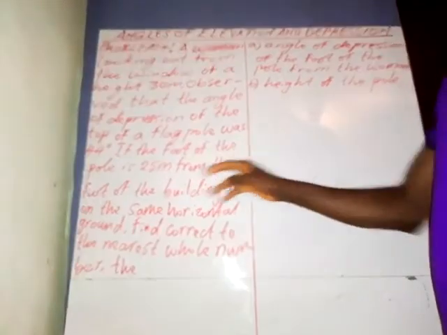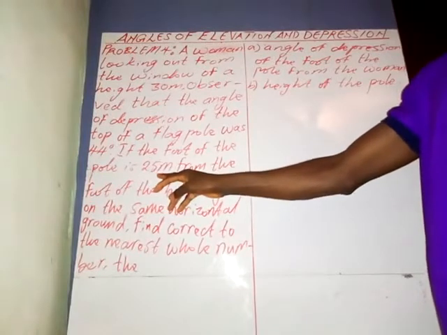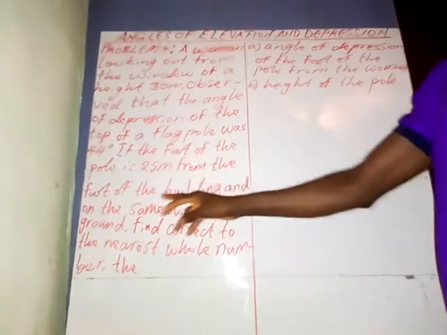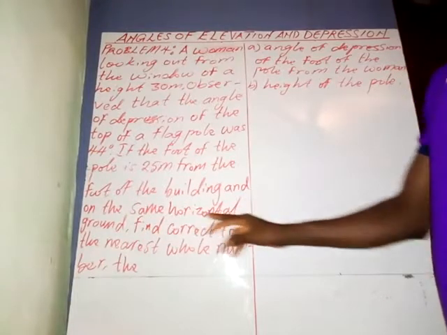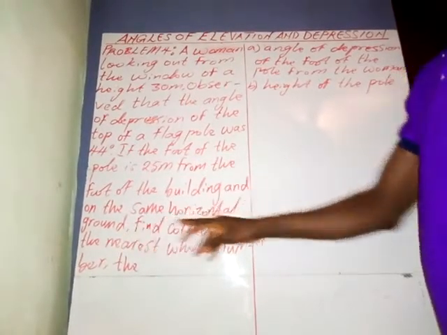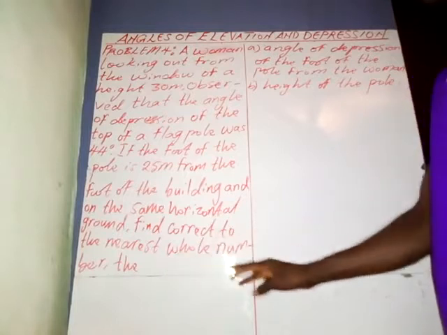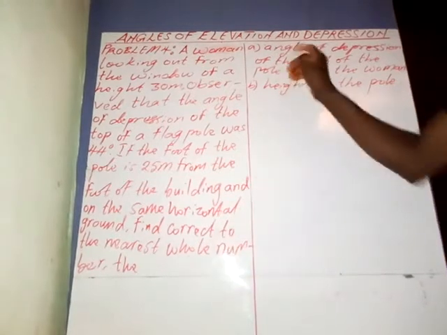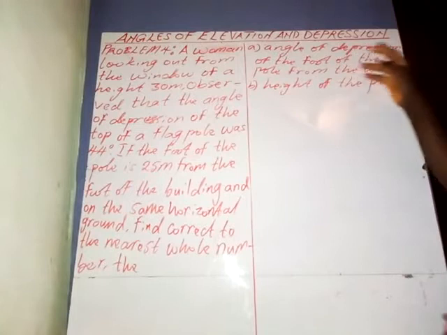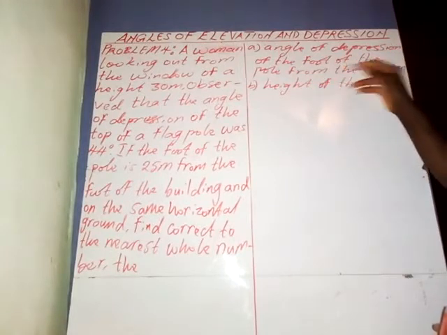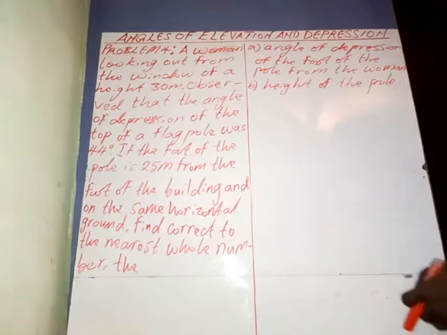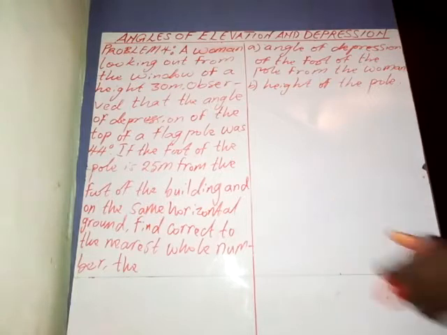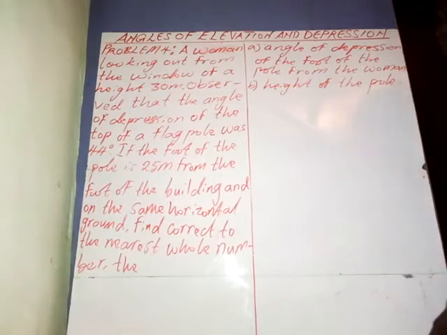If the foot of the pole is 25 meters from the foot of the building and on the same horizontal ground, find, correct to the nearest whole number, question A, the angle of depression of the foot of the pole from the woman, and question B, the height of the pole. So this is what we are to do.